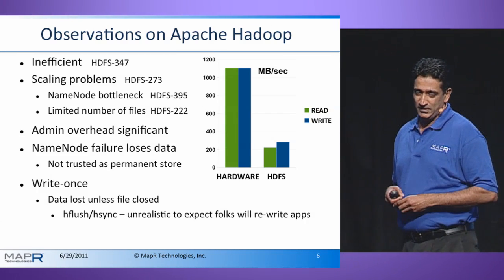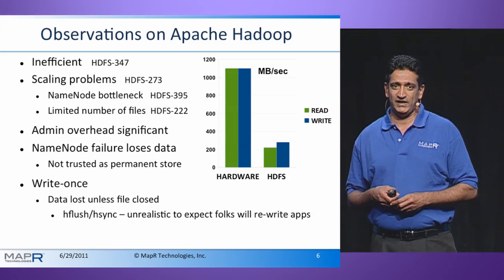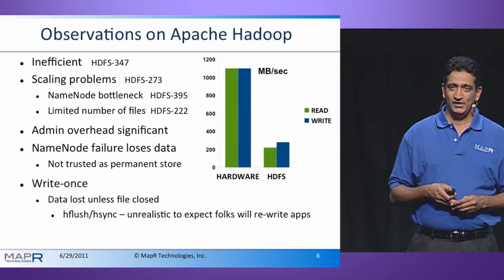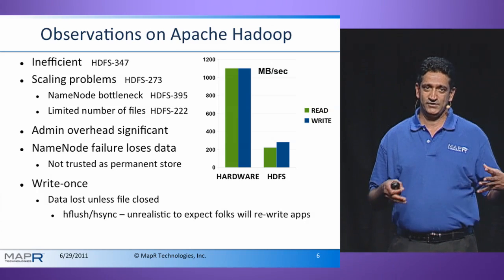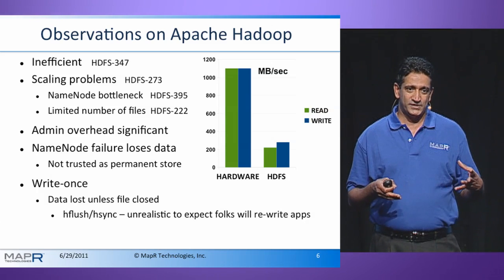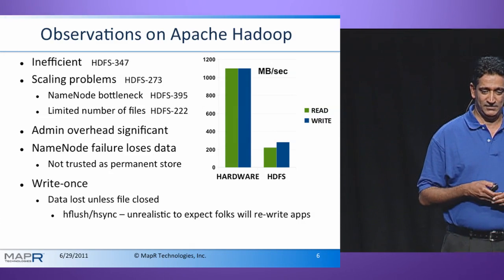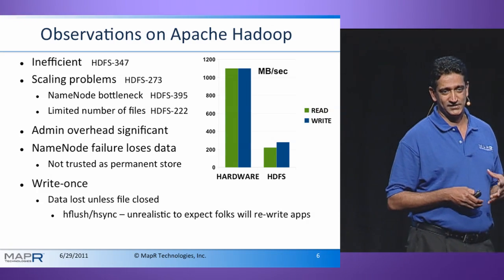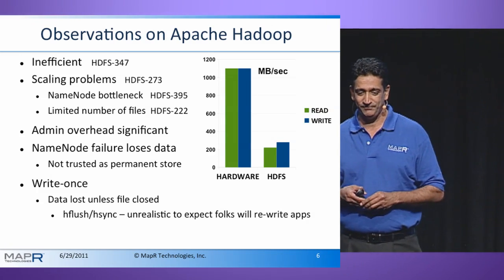There's a big known limit on the number of files that HDFS can support. The admin overhead is significant. When things go wrong, you don't know what exactly happened. Name node failure loses data. So what's happened is people have not trusted HDFS as a permanent store in many cases. This is what people have told us, is the observations.